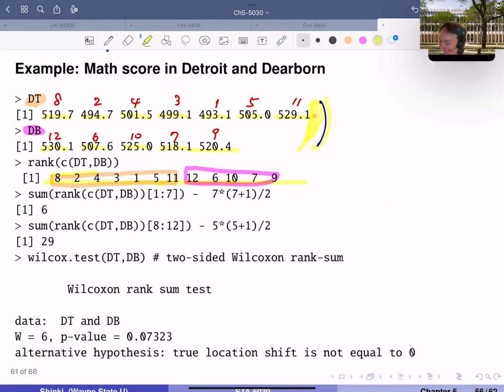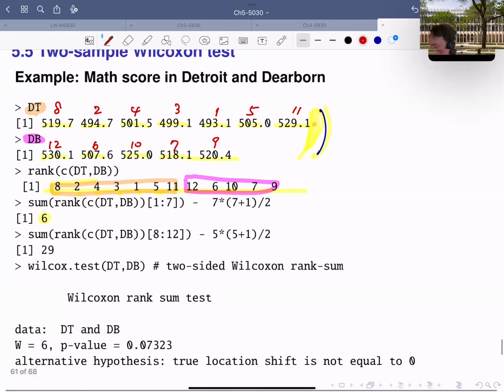And if we calculate the rank sum for Detroit, that is 8 plus 2 plus 4 plus 3 plus 1 plus 5 plus 11. So that is 10, 18, 34, right? And this is the useful statistic.